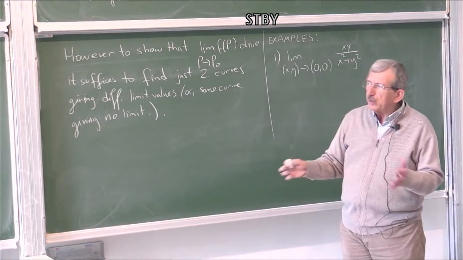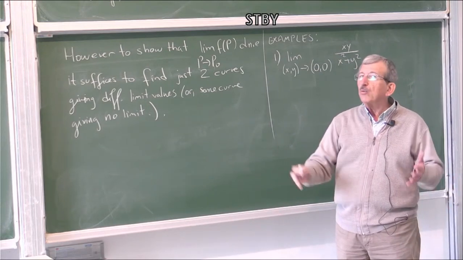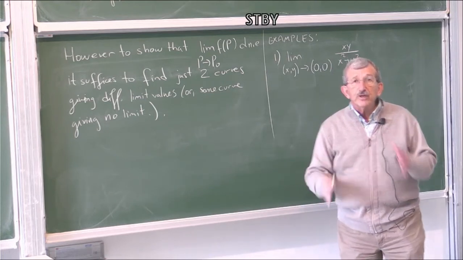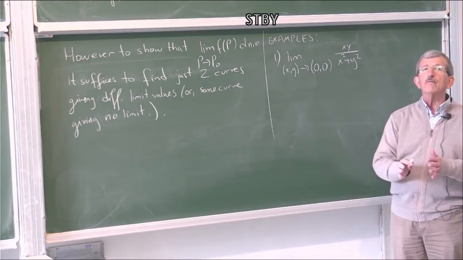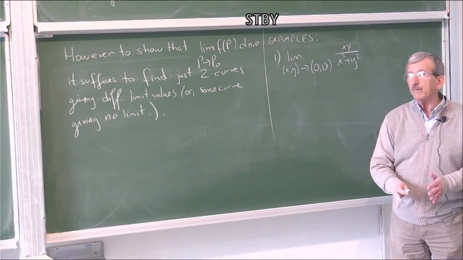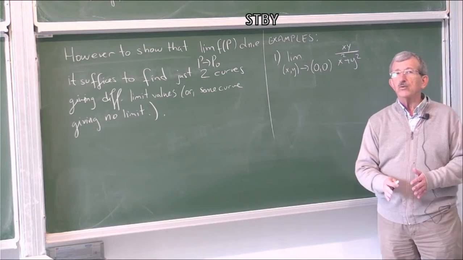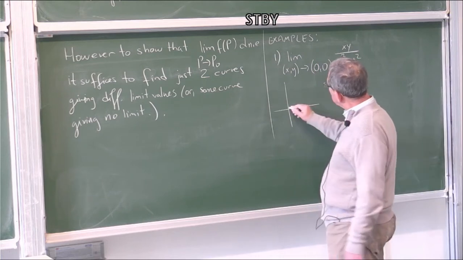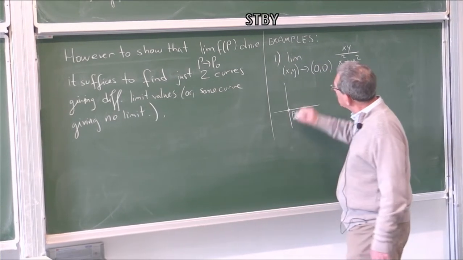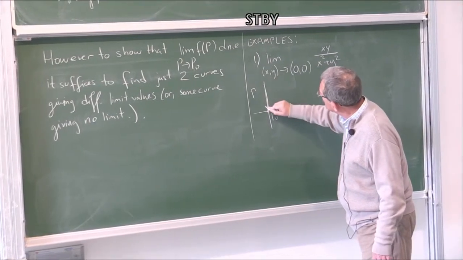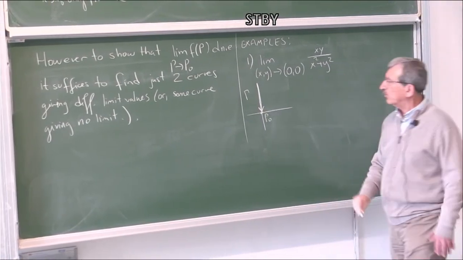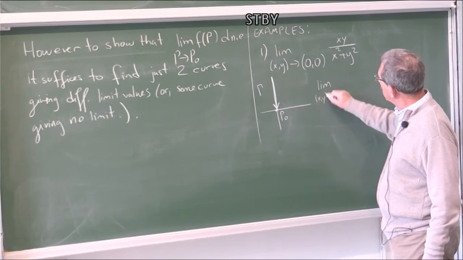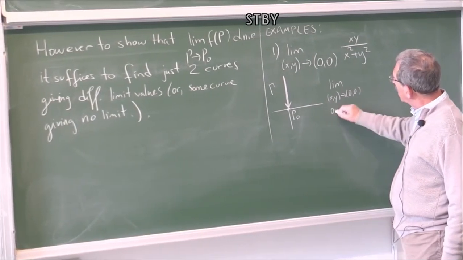By the way, why do we try curves? Because we did in one variable, but that's not good enough. We try it because if we restrict P approaching P0 on a curve, we reduce the limit to one variable, where we are quite experienced. So let us try. Now this is P0. Say the curve is the y-axis. So we look at the limit as (x,y) goes to (0,0) on the y-axis.